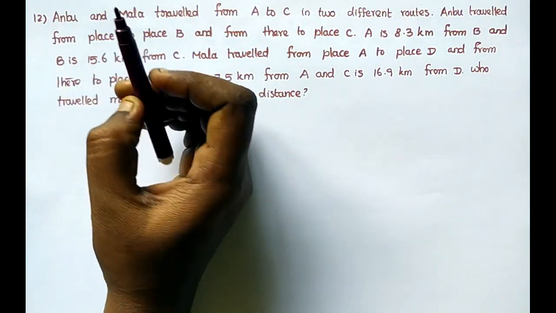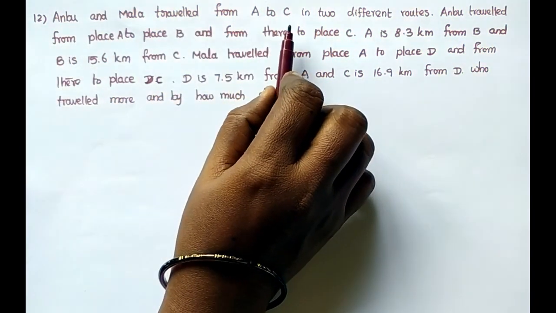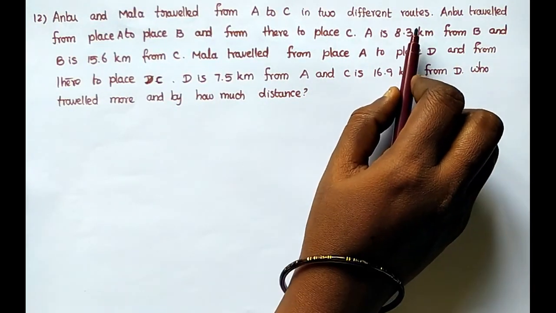12th sum. Anbu and Mala travelled from A to C in 2 different routes.